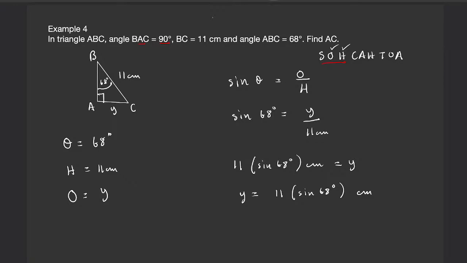I go into my calculator and do 11 times sine 68, and I get y is equal to 10.19902 cm. So our answer, therefore, y is equal to 10.2 cm. That's the 3 sig figs, and that is my answer.